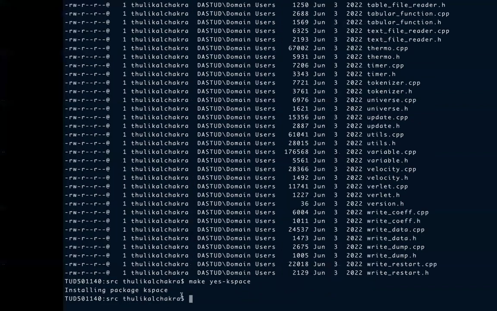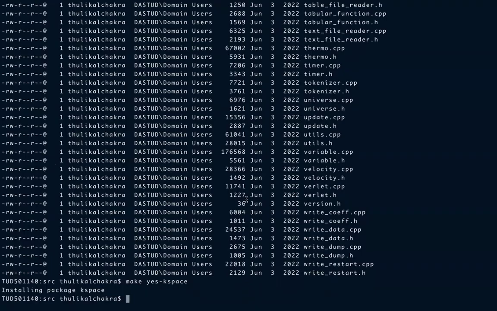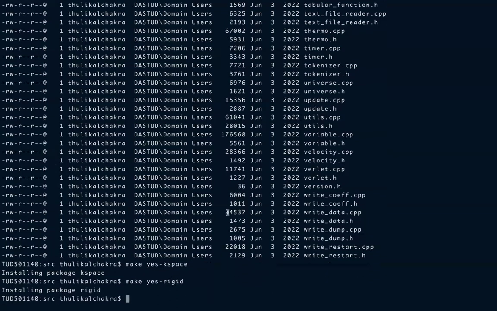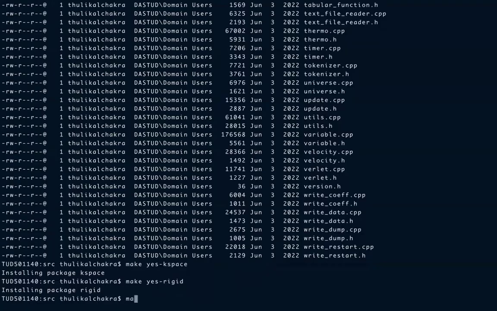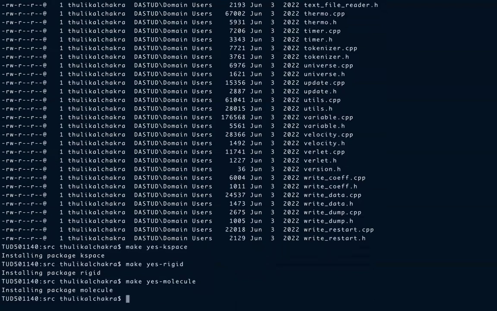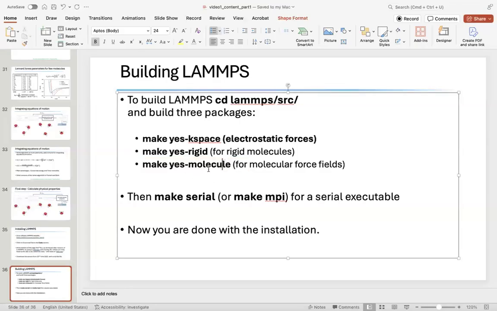Once this is done, let's move on to the second package, which is make yes rigid. Once again, it tells you that it's installing the package rigid. And finally, let's install make yes molecule. Once again, it installs all the necessary packages for the molecule. All right. So now you've instructed LAMMPS to include all of these packages while building.